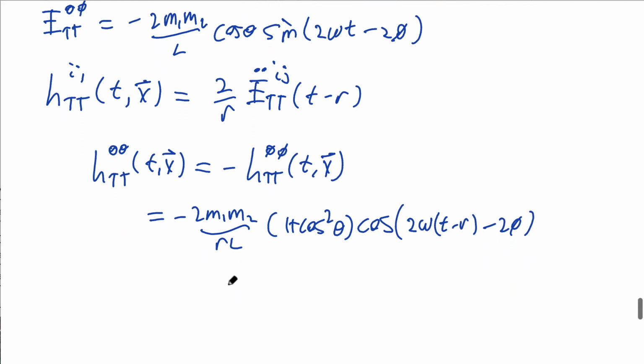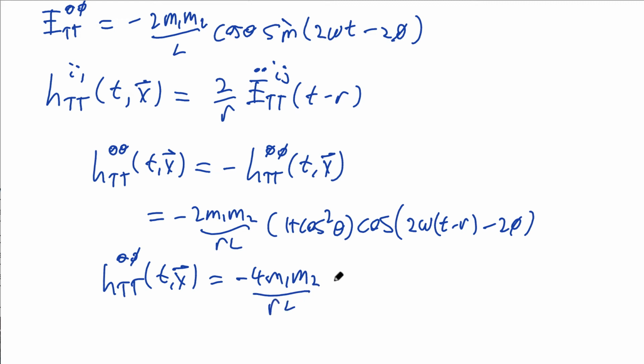Similarly, we have h TT theta phi of t and x equals minus 4 m1 m2 over r times L times cosine theta times sine of 2 omega t minus r minus 2 phi.